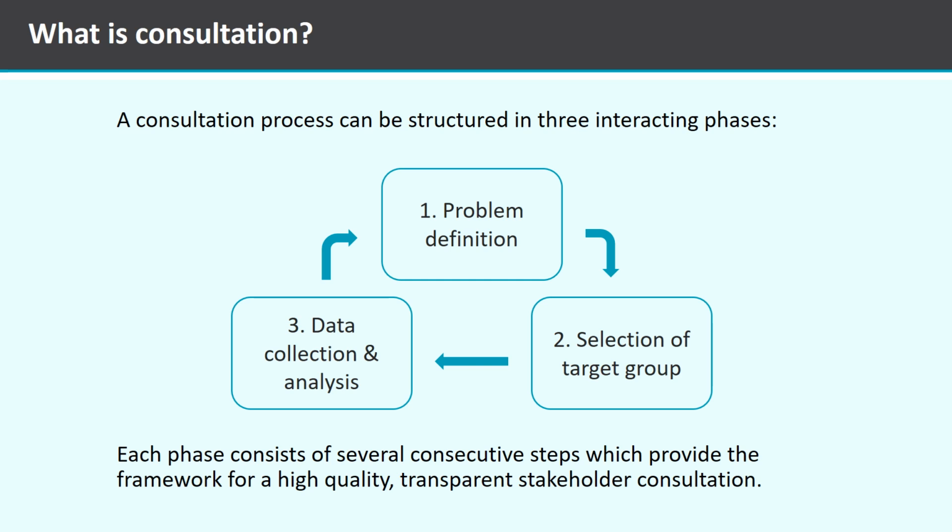Anyone who has already referred to Module 2, Needs Analysis, will note that these are 3 steps in the needs analysis process. Each phase consists of several consecutive steps, which provide a framework for a high-quality, transparent stakeholder consultation, which we will describe in greater detail following.